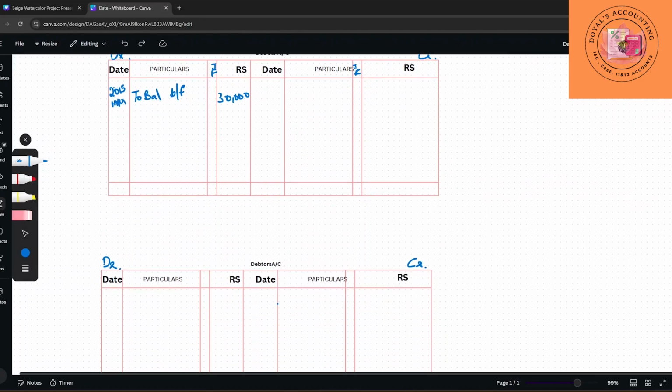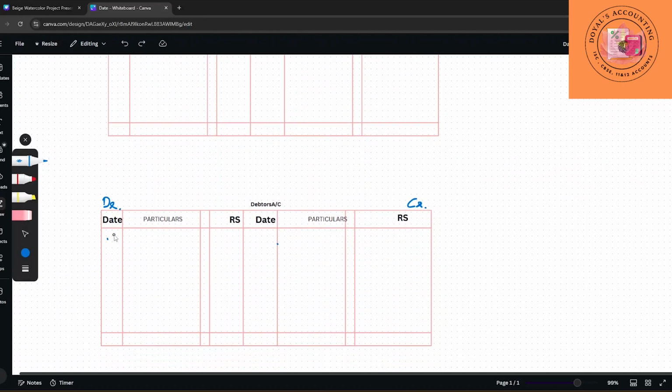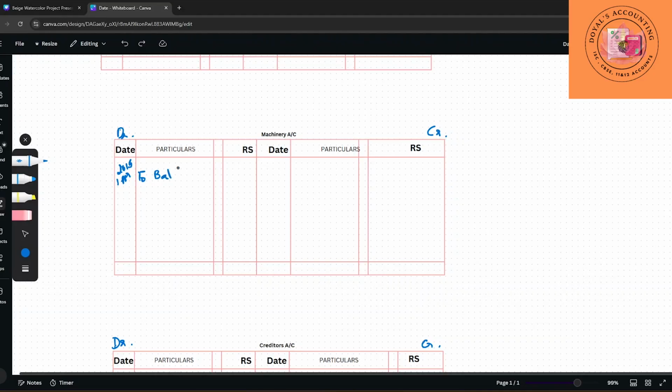Debtors opening balance is 50,000. Remember, assets will always have opening debit balances. So to balance brought forward 50,000. To balance brought forward 60,000.